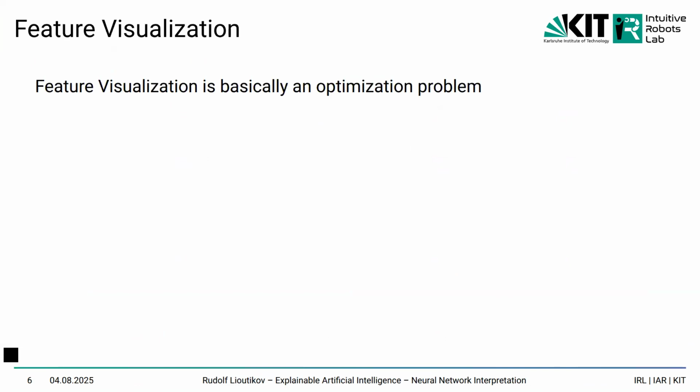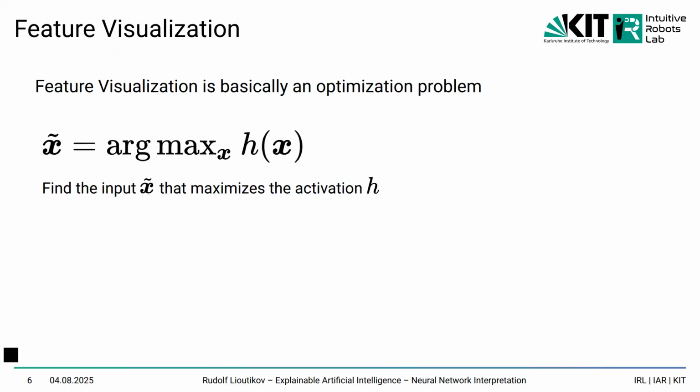It's basically an optimization problem again. Something is supposed to fire, so we want to maximize the activation of a neuron or the whole layer or a subset of layers. We want to maximize this activation of h.